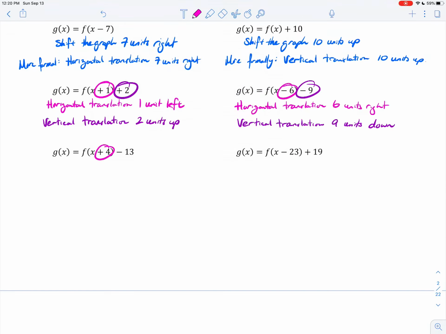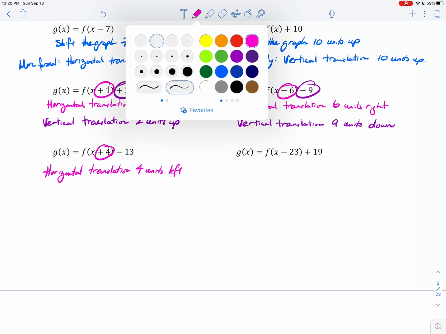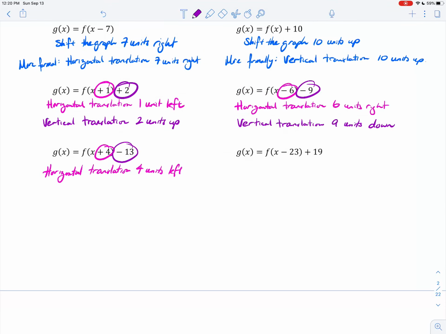Here we have a plus 4, so just like this plus 1 meant left, this plus 4 will mean left. And a minus 13 means we're going down 13.